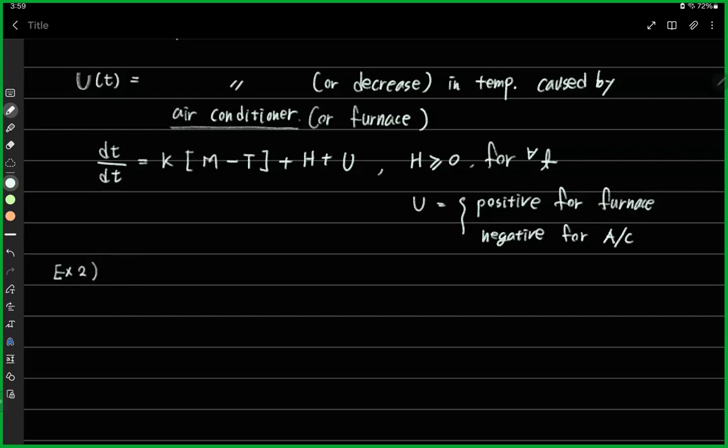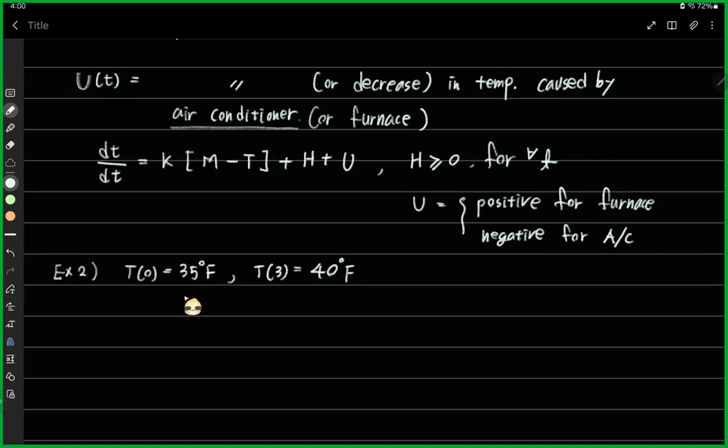So just please read the problem by yourself. The example says that T of 0 is 35 degrees Fahrenheit, and then T of 3 is 40 degrees Fahrenheit. Okay, so I think they want to find the temperature of a beer.